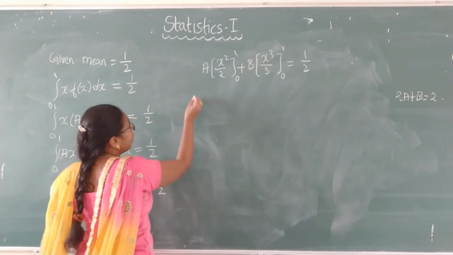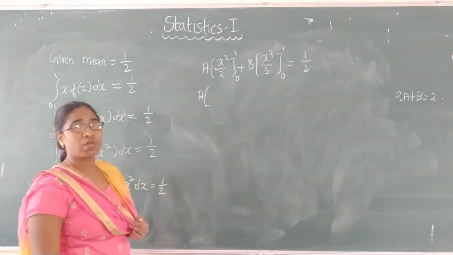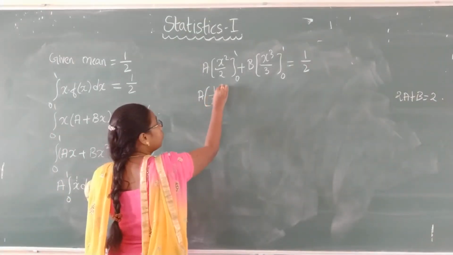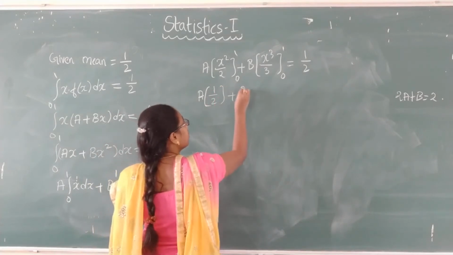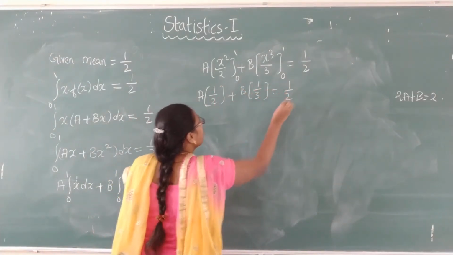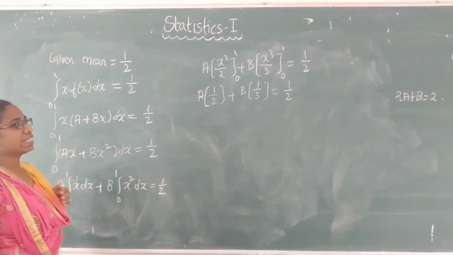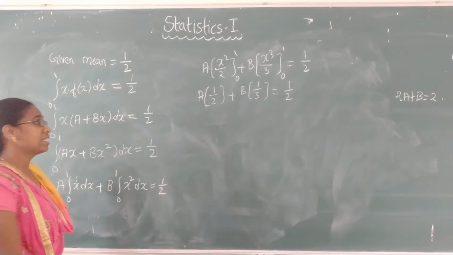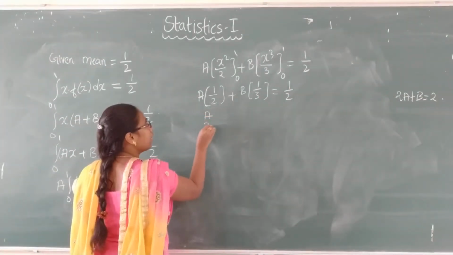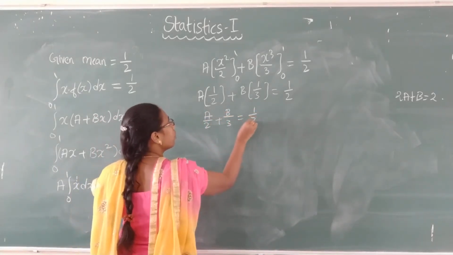Now if you apply the limits, what will you get? a into x square, that is 1 square minus 0 square, is 1. So a into 1 by 2 plus b into 1 by 3 equals 1 by 2. Now what is the LCM? LCM is 6. So we have a by 2 plus b by 3 equals 1 by 2.